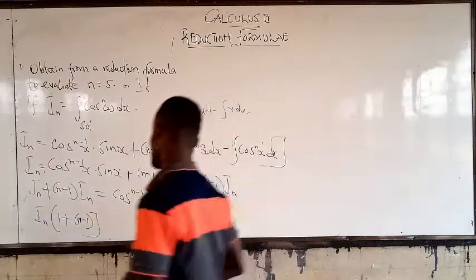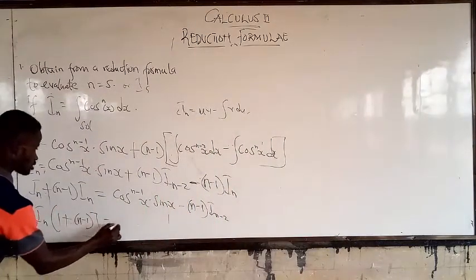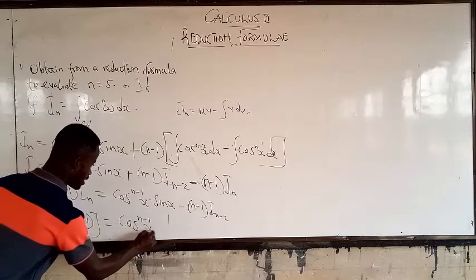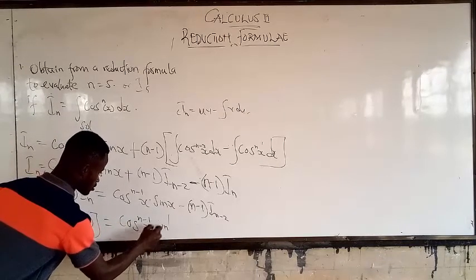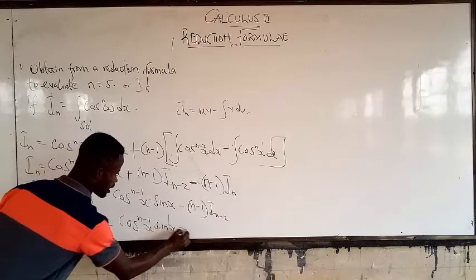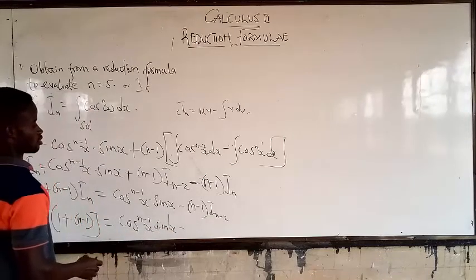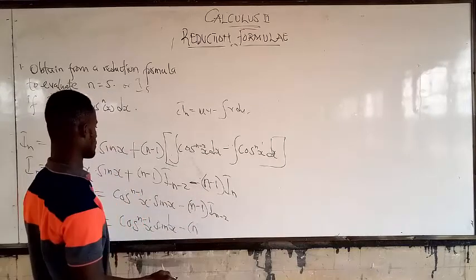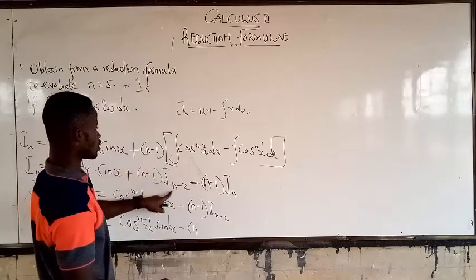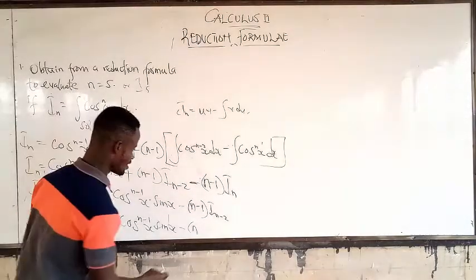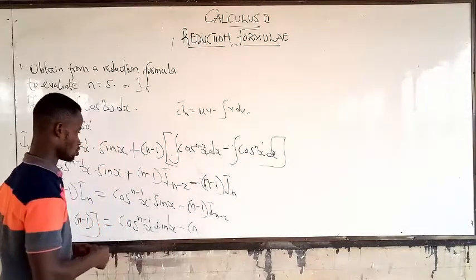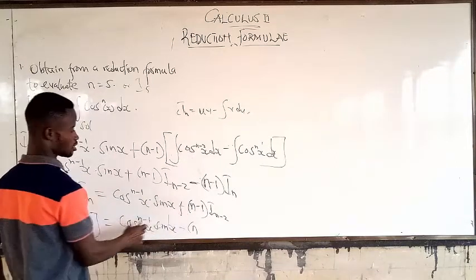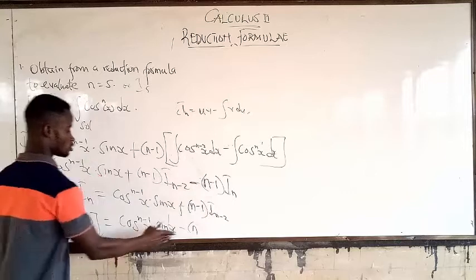Okay. So here this is going to be equal to cos n minus 1 x sin x minus n. So now, okay, yeah, that's the right thing. So here will be plus. Same, this go to this side. So we are done.